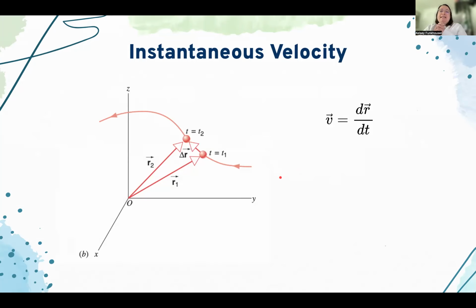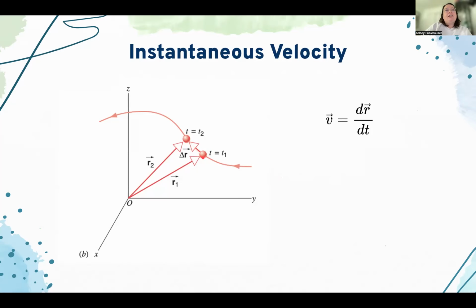But if we want to know the instantaneous velocity of the particle at a given moment, we need to reduce the size of the time interval so that the displacement vector approaches the actual path and becomes tangent to the path as the time interval approaches 0. So we see our separation between t1 and t2 is a lot smaller here.